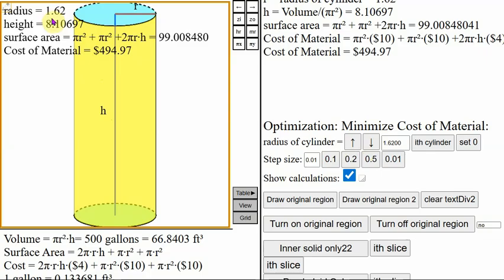For minimum cost, the radius should be around 1.62 feet, and the height should be around 8.1 feet. The corresponding minimum cost of material will be about $494.97. Now let's go find the exact radius that will minimize the cost.